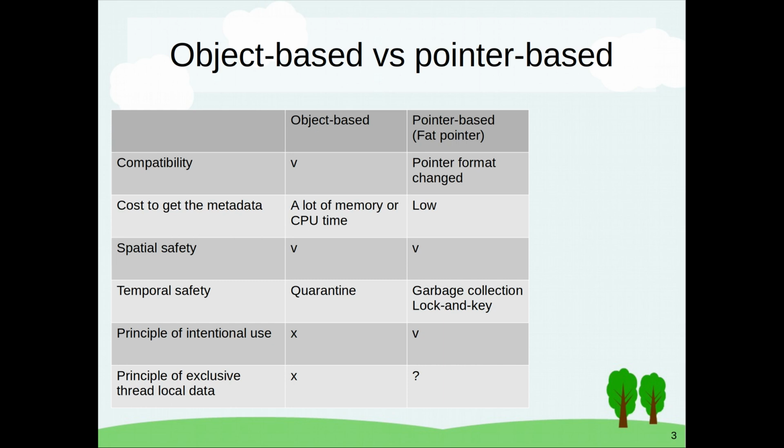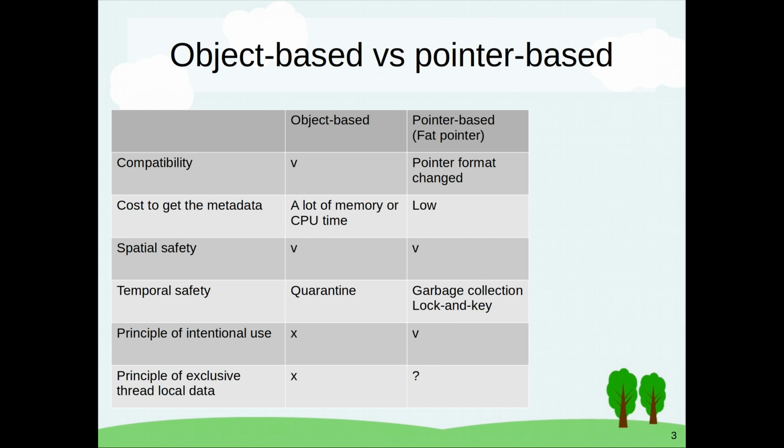So here is a comparison of the object-based approach and the pointer-based approach. In both approaches, they need to store some metadata about the object in order to do the bounds check. In the object-based approach, the metadata is associated with the object, so the pointer format is not changed.